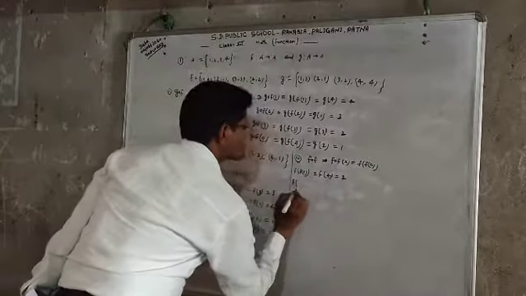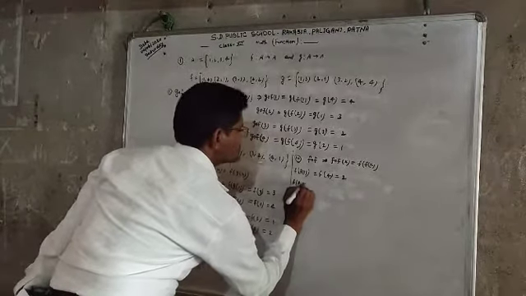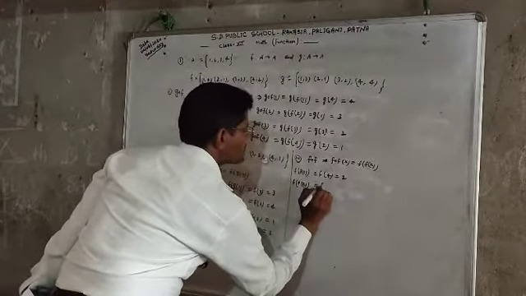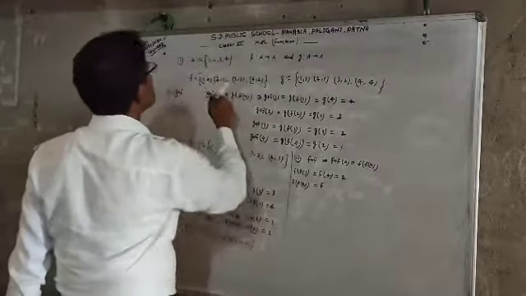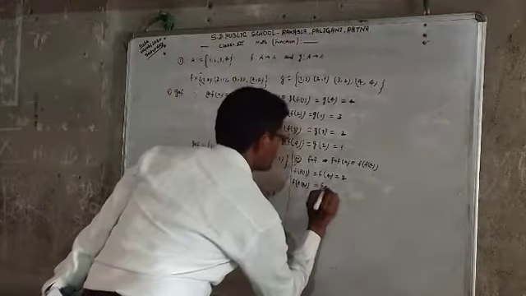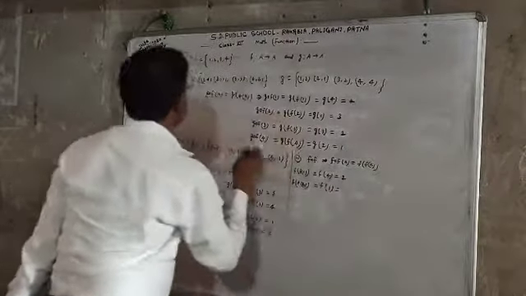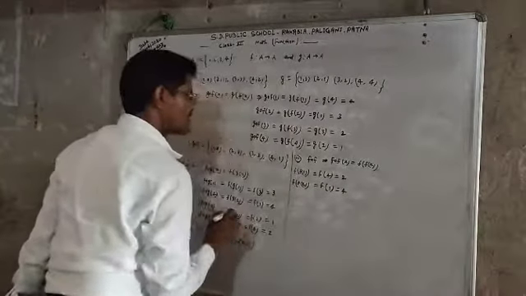Now f of f2. 2 has image 1, means we have to find f1. Image of 1 is 4, hence f1 equal to 4.